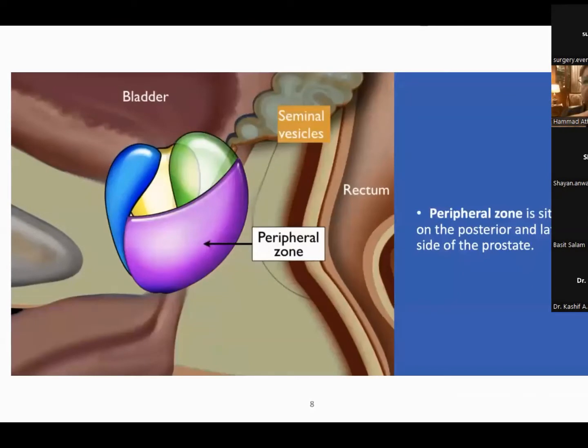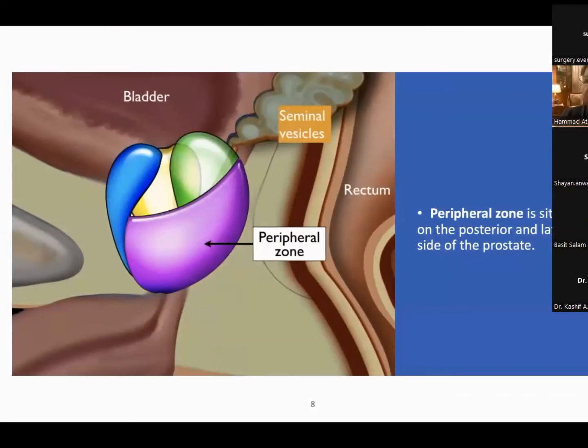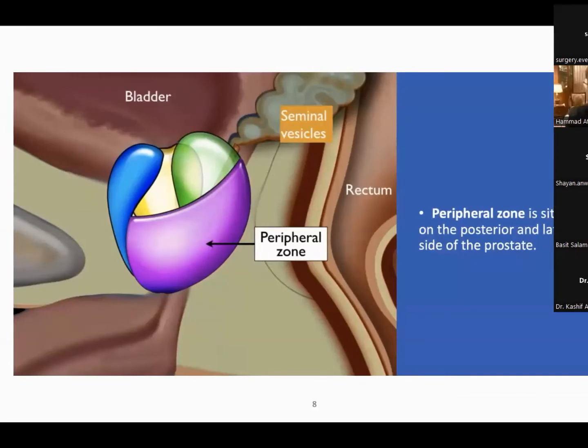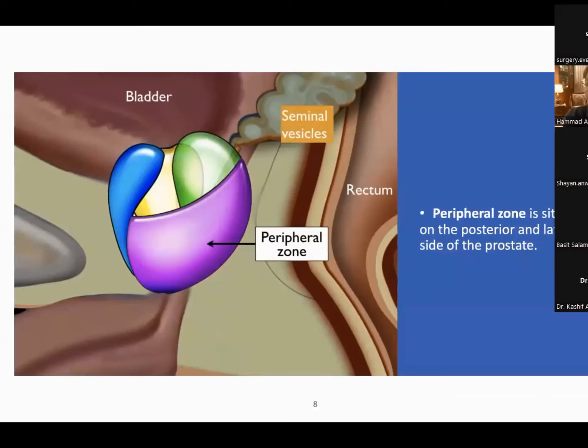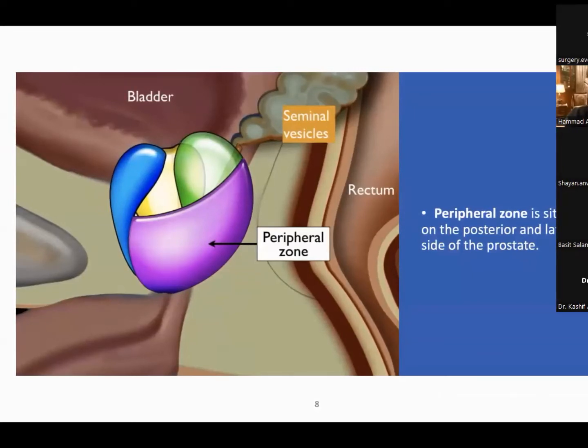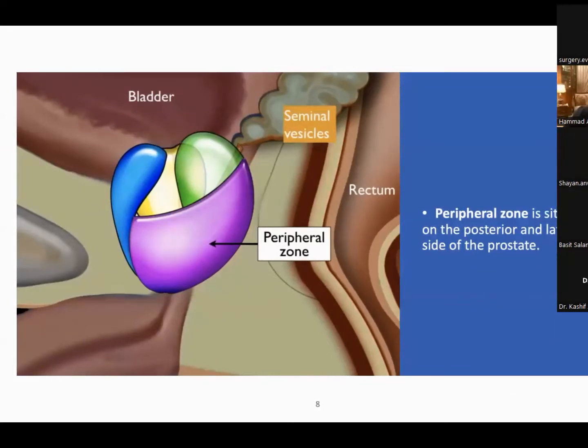The most important zone from the perspective of prostate cancer is the peripheral zone. And the peripheral zone is on the periphery, posteriorly and laterally. And this is a zone which is very clearly amenable to digital rectal examination. That's why digital rectal examination screening is one of the most important and cost-effective ways of diagnosing early prostate cancer.